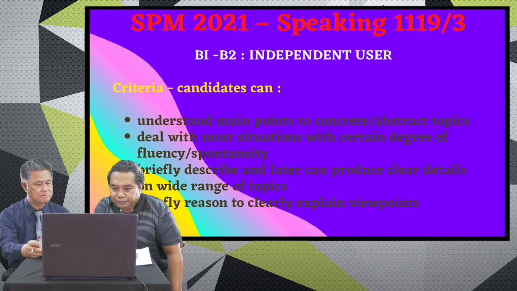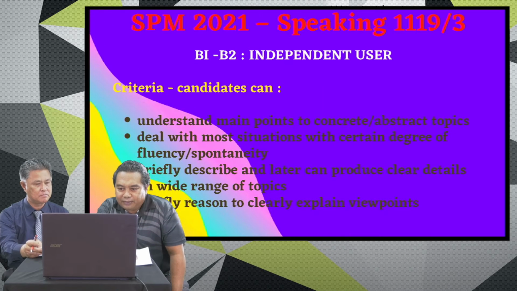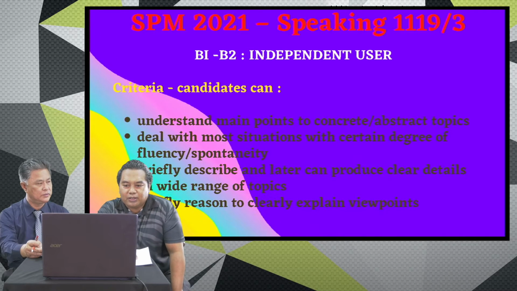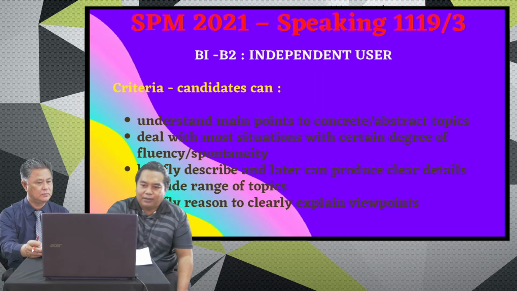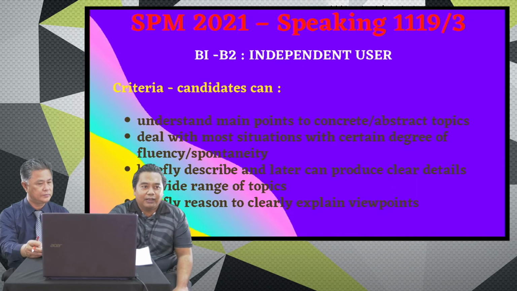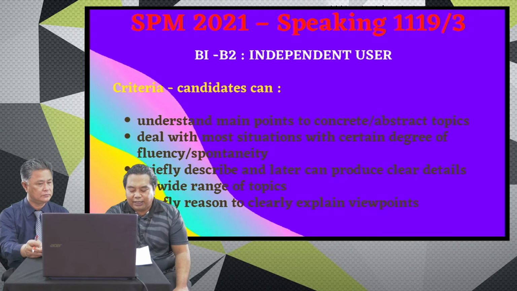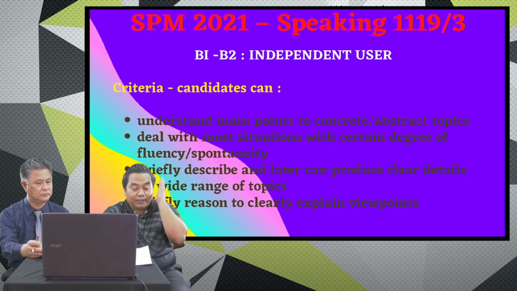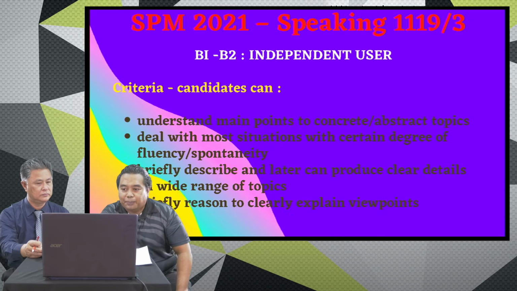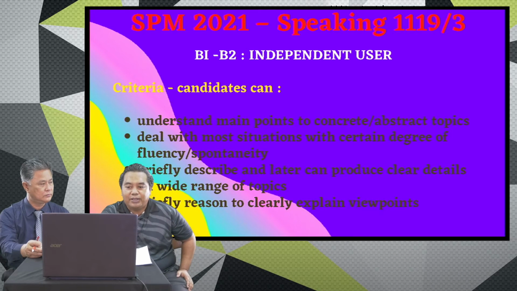Okay. Next, briefly describe and later produce clear details on a wide range of topics. Briefly describe here means using a few words to describe something. For example, this is a torchlight, and then later produce clear details on a wide range of topics.